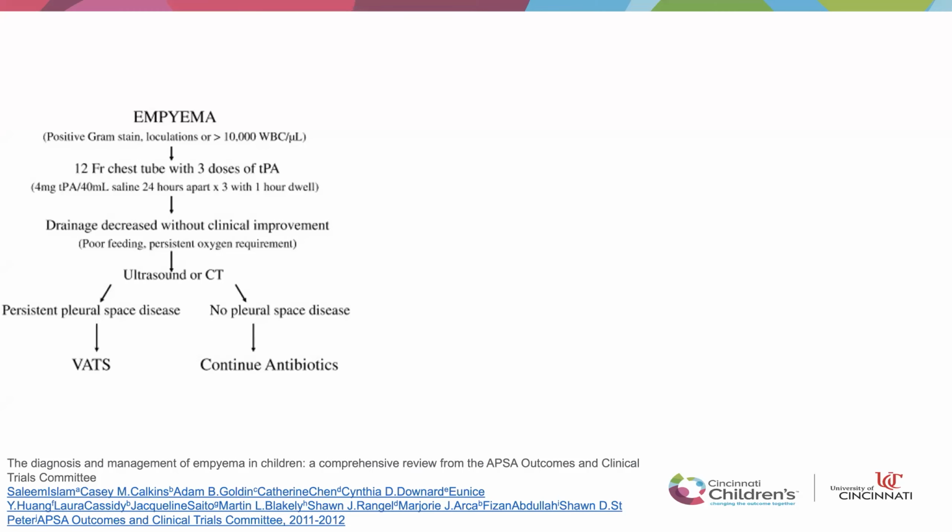Their study was this, where they had clinical confirmation of an empyema, meaning like white cells greater than 10,000. They put in one chest tube, they do 3 doses of TPA, and then they would ultrasound or CT and see whether or not they need to go on to VATS or just continue antibiotics.